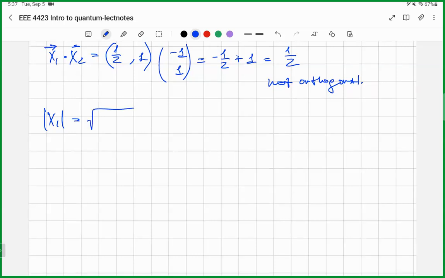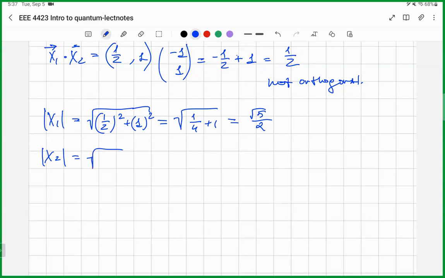Absolute value for the vector x1 is 1/2 squared plus 1 squared, which is 1/4 plus 1, which is square root of 5 over 2, right? And x2 absolute value is minus 1 squared is 1 plus 1, so it's square root of 2.